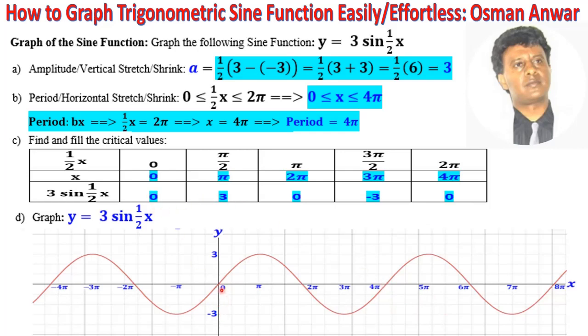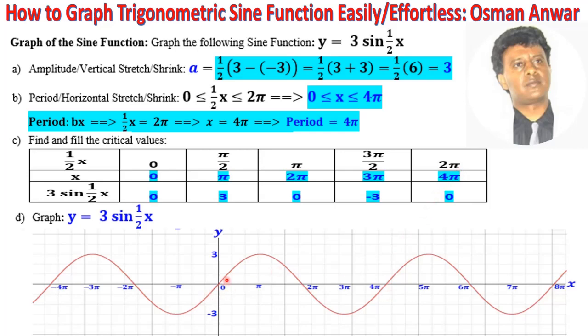When x is 0, y is 0. When x is pi, y is 3. When x is 2 pi, y is 0. When x is 3 pi, y is minus 3. When x is 4 pi, y is 0.